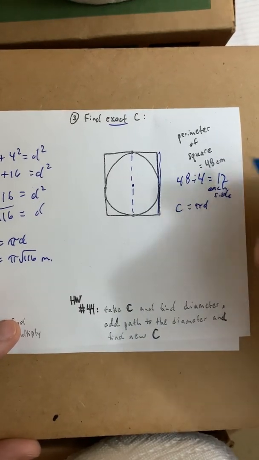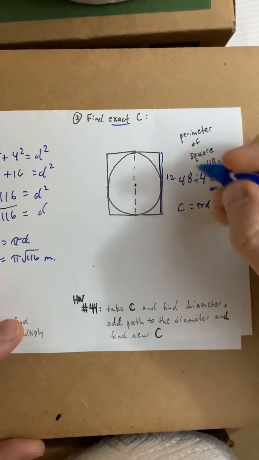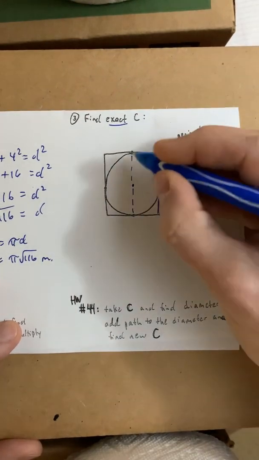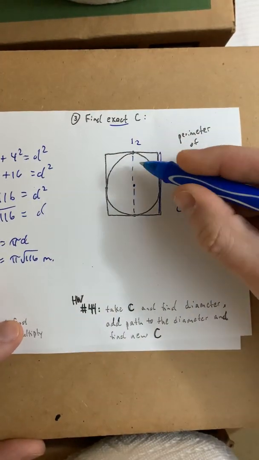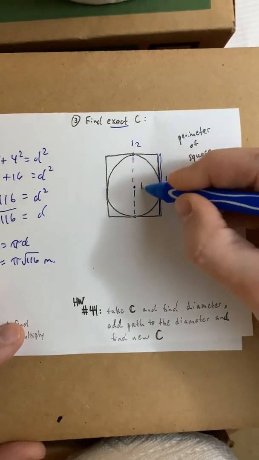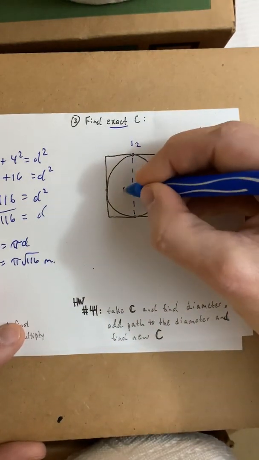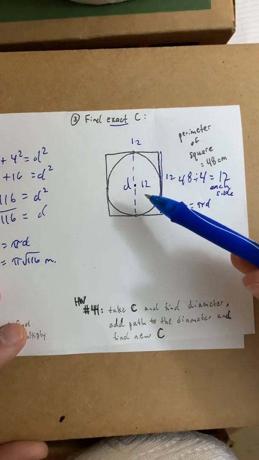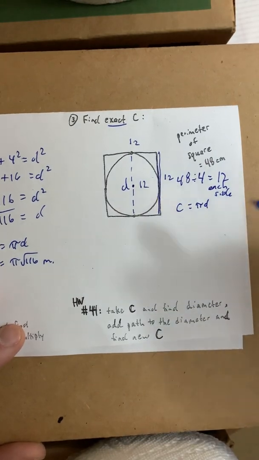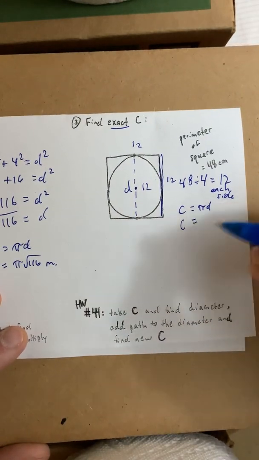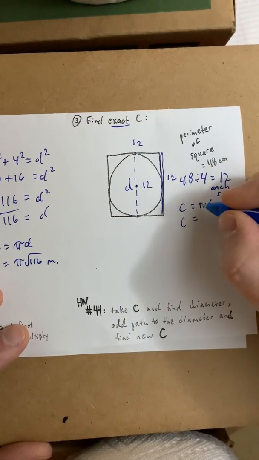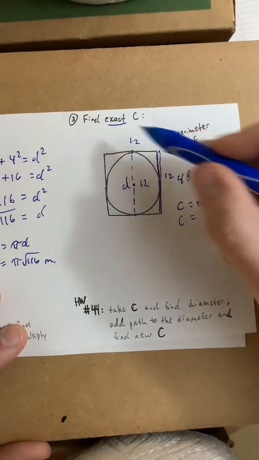Now, knowing that each side is 12, that is also the diameter of the circle. And now we can plug 12 in for D. We want to keep pi as pi because we want exact.